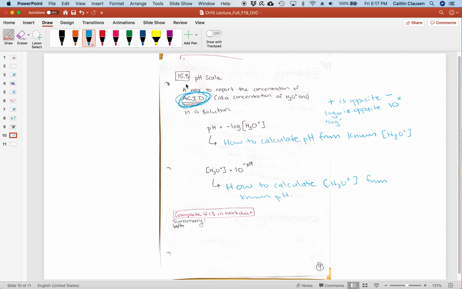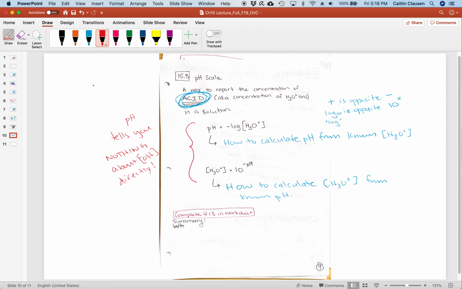These equations and the pH scale itself tell you nothing about OH concentration directly. So if you remember, when we talked about going from grams to atoms, you have to go through moles. Grams to moles to atoms.